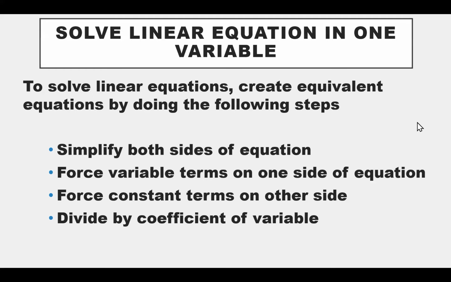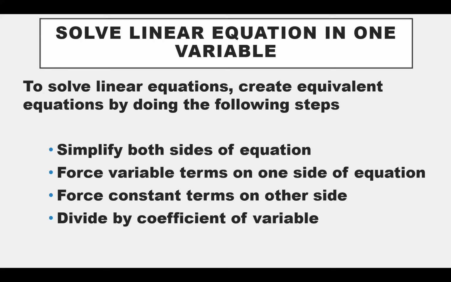Obviously, you can do more examples if you'd like, but the main thing is always simplify both sides of the equation. Sometimes, like in the cases when we were dealing with fractions, simplification meant multiplying both sides by a common denominator and then simplifying. So simplify both sides of the equation as much as possible. Force variable terms on one side of the equation, force constant terms on the other side, and divide by the coefficient of the variable.